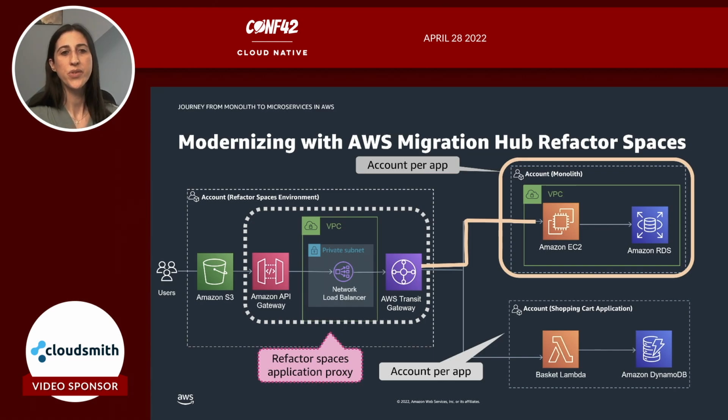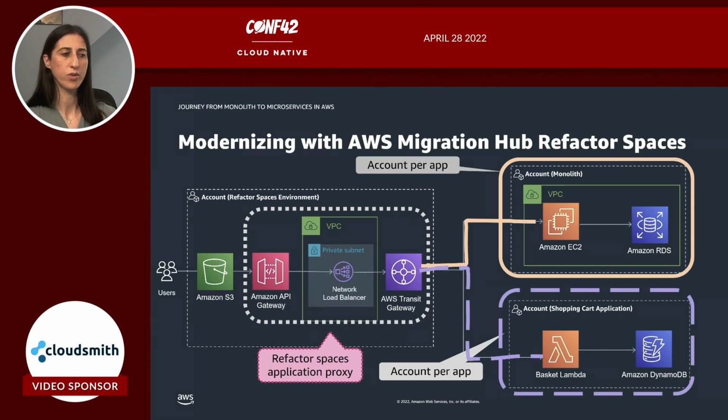And then once the new microservice is ready and available, we will route a specific set of the URI paths to the new microservice. And external app users don't know that traffic is now being handled by the new shopping cart microservice for the shopping cart requests.